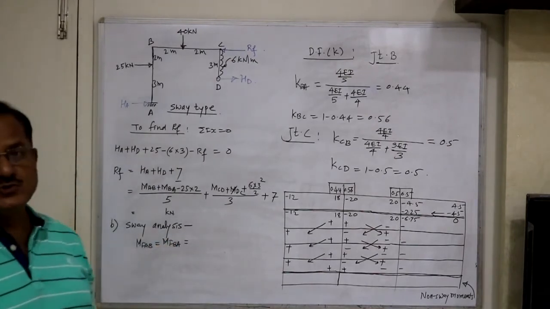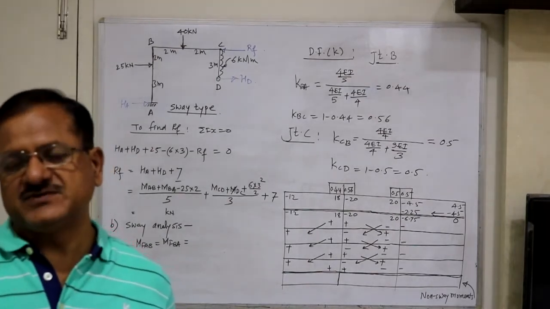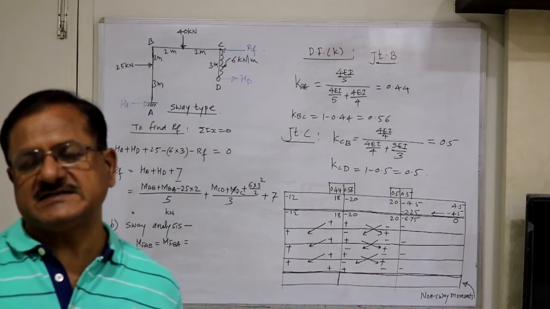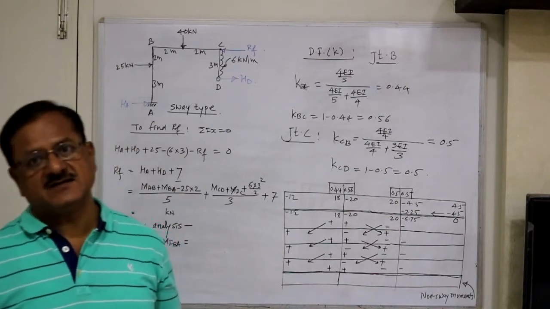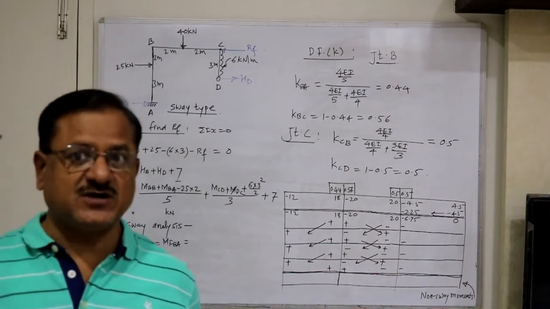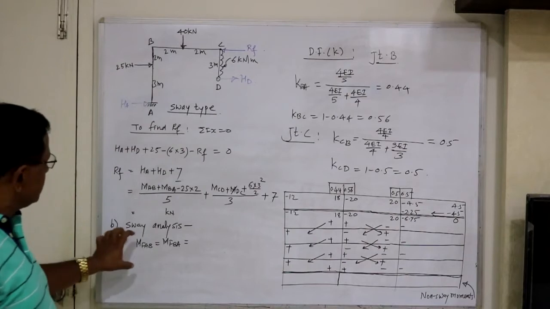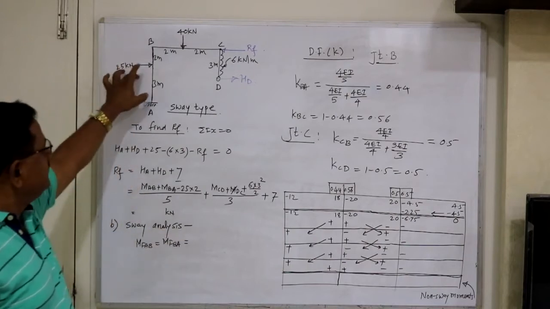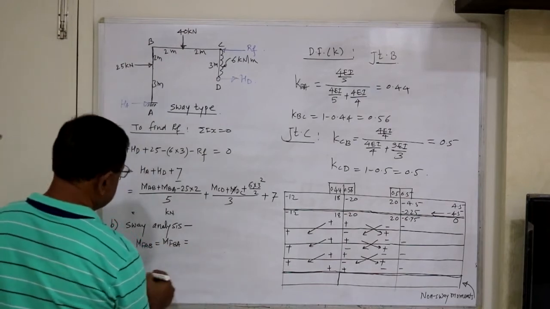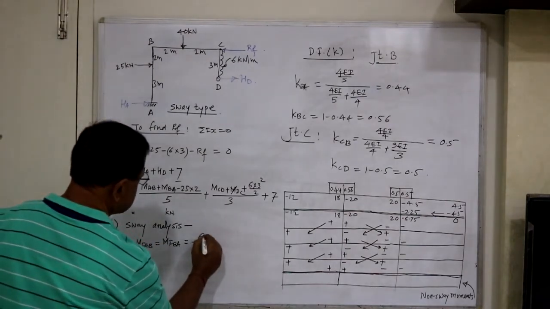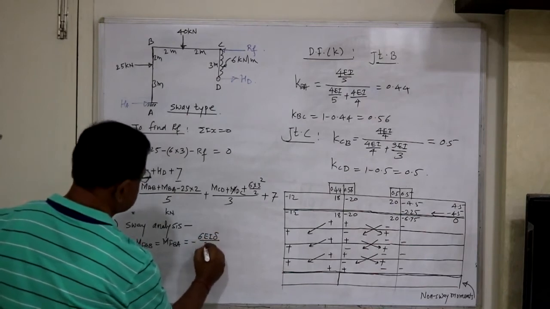Now due to sway towards right, the fixed end moments at end of columns will be minus 6EI delta upon L square at the end of each column, but heights of the columns are different. Therefore, we will calculate separately. For AB and CD, we will calculate separately.